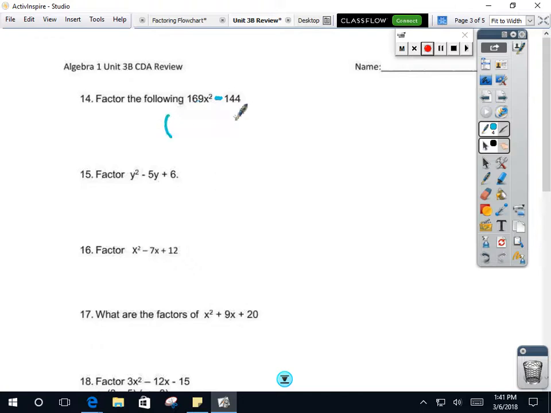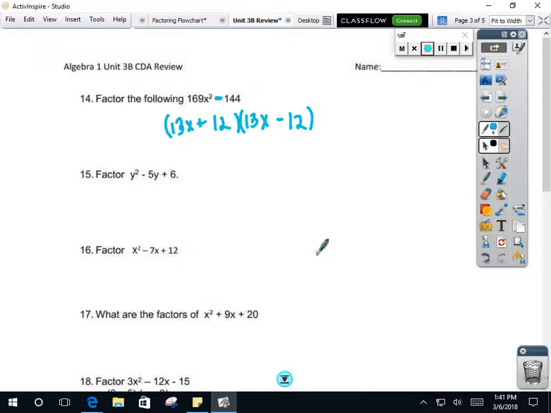So it shows on your flow chart to write them as 2 separate binomials, one with a plus sign, one with a minus sign, and then just square root. Like, what's the square root of 169? 13, because 13 times 13 is 169. And then to get an x squared, don't you have to put an x on each one of them? And then what's the square root of 144? Right, because 12 times 12 is 144, and then you're done.